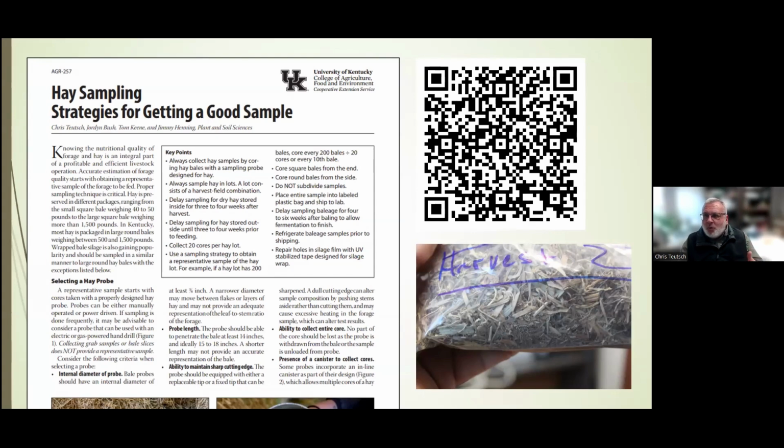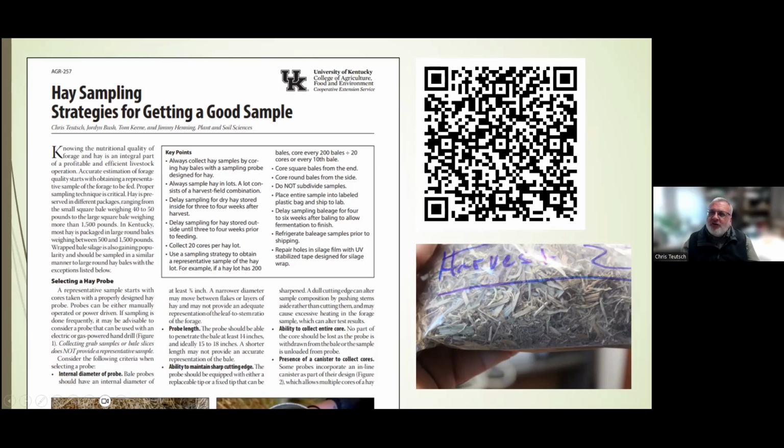One of the most important ones, if you look at the picture on the right, is that we want to submit a sample that's large enough to represent the hay lot, but small enough so that the lab will grind the entire sample. If they don't grind the entire sample, you'll notice on the bottom of this picture, there's a lot of fine particles. In many cases, those fine particles contain the most nutritious part of that hay.